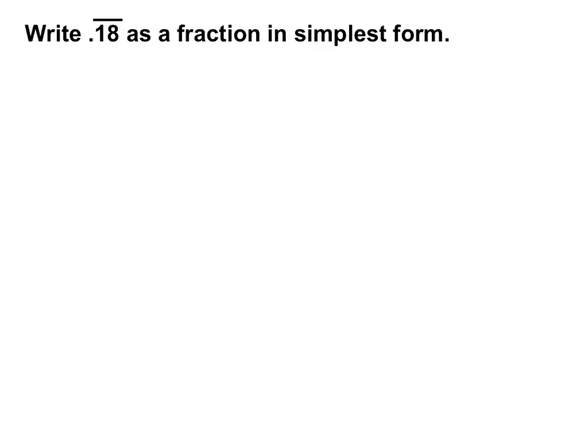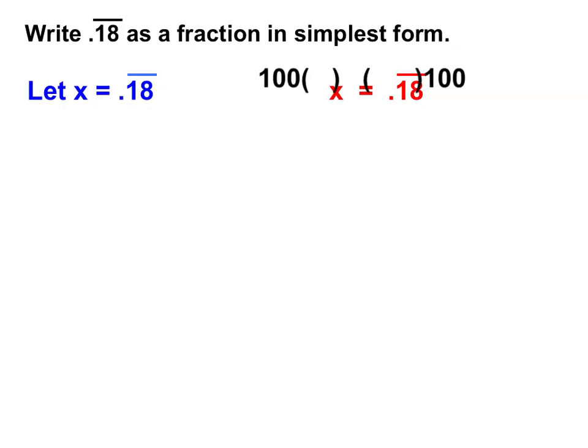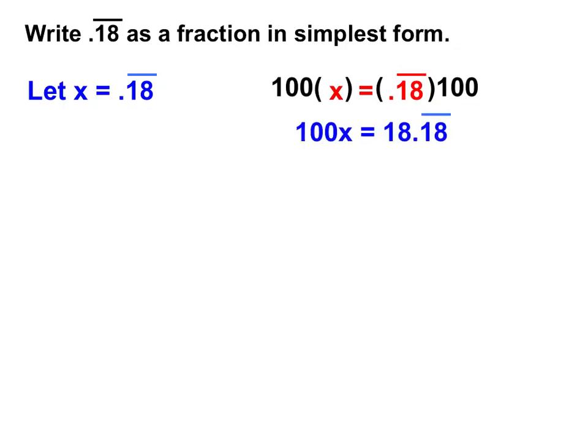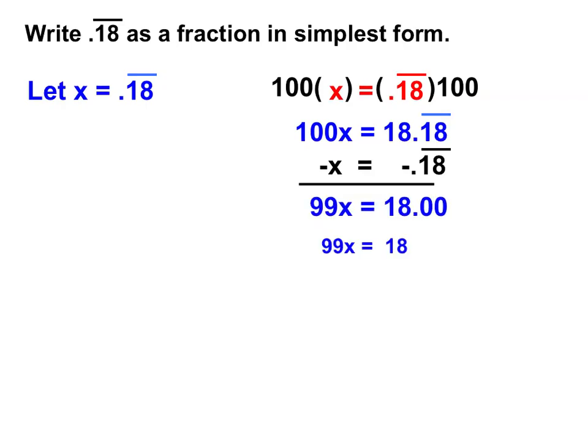All right, I'm back. So once again, I didn't know what the fraction was, so x equals 0.18 repeating. I want to move the decimal 2 spots, therefore I multiply by 100. That gets me 100x equals 18.18 repeating, and I subtract the x and subtract the 0.18 repeating. That gets me 99x equals 18.00, and 99x equals 18.